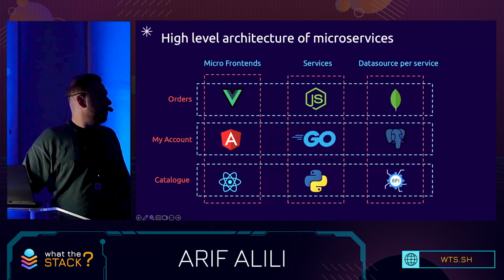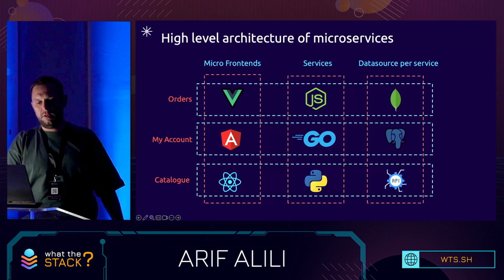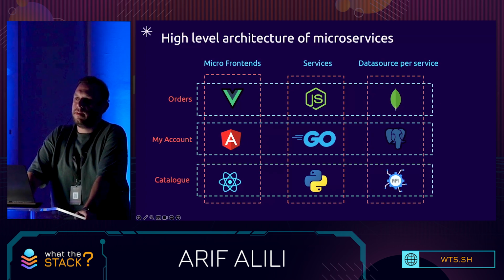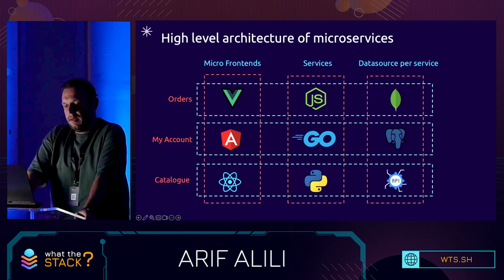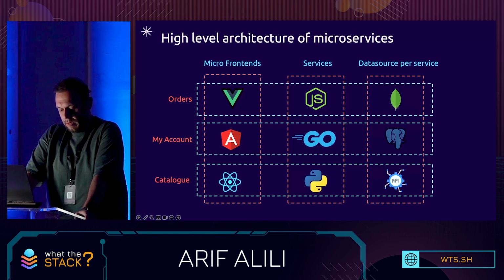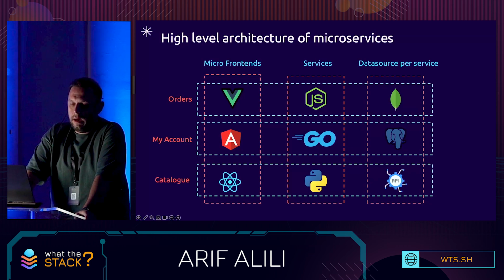In this particular example, we have orders, which is using Vue. Then we have a service that is powering that front end, which is using Node.js. Then we have a data source per service, which is very important to mention. By definition of microservices, you need to have a data source or database per service. Otherwise, you are breaking the rules.